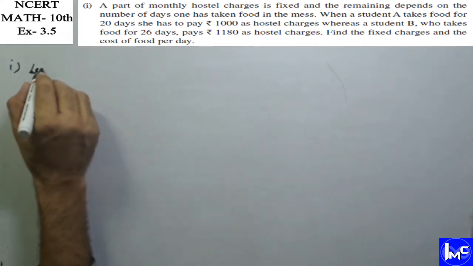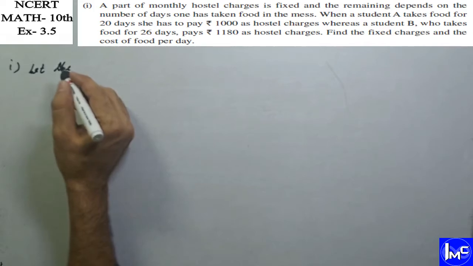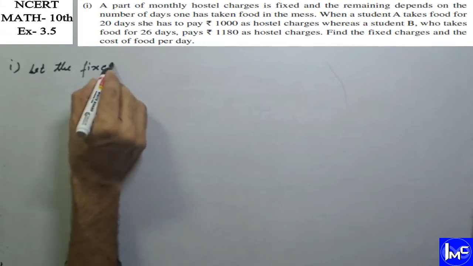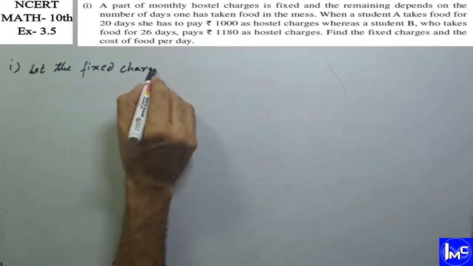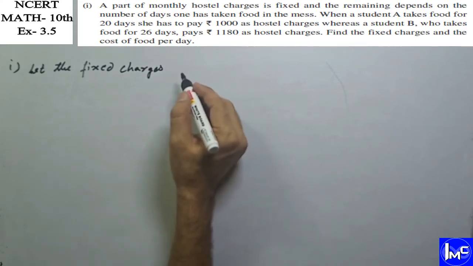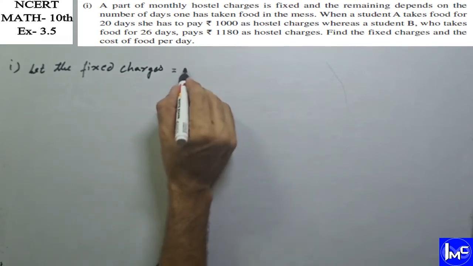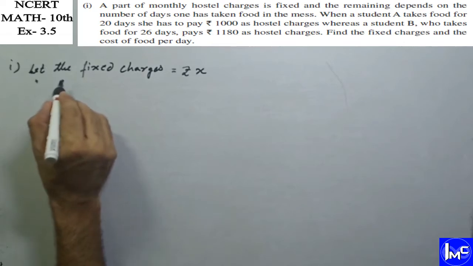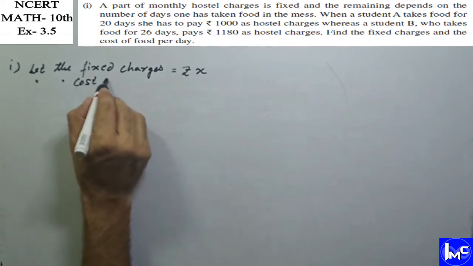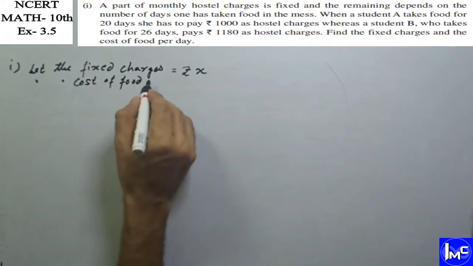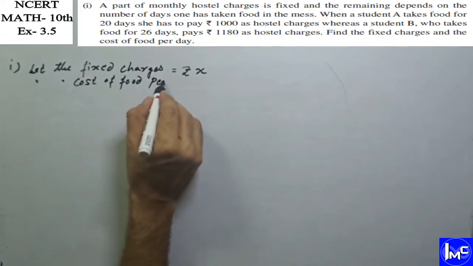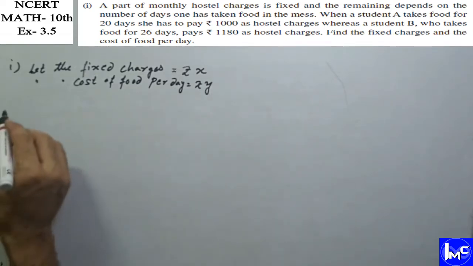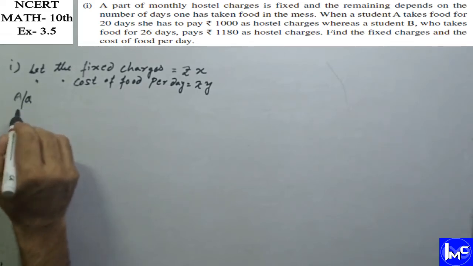Let the fixed charges be rupees x, and let the cost of food per day be rupees y. Now we will go to the conditions that are given in the question.